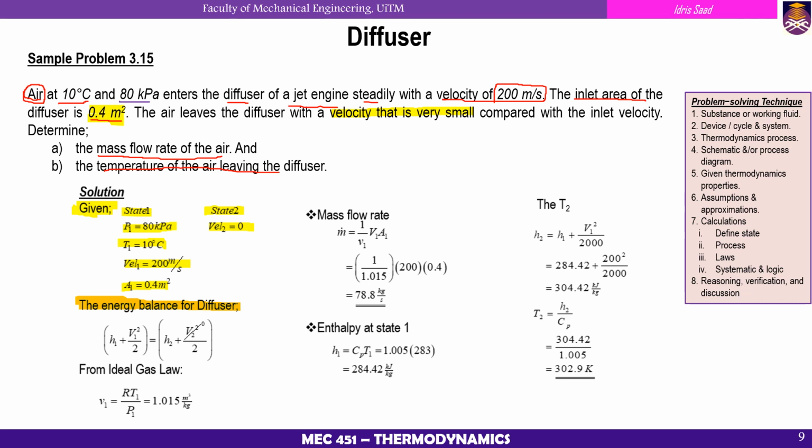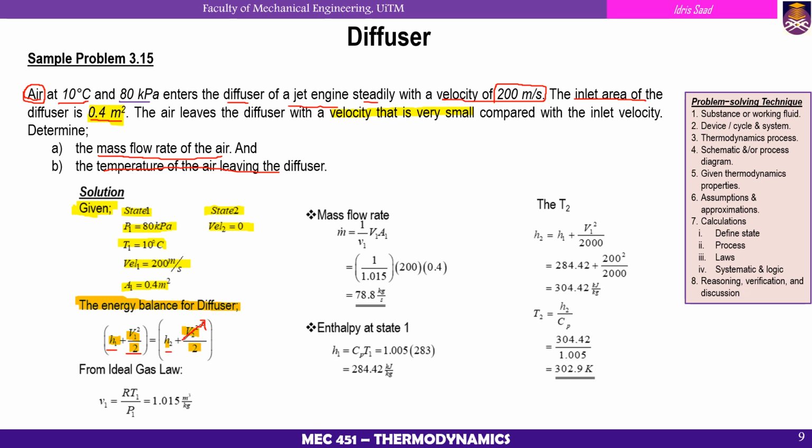Therefore, the energy balance for the diffuser is H1 plus V1 squared divided by 2 is equal to H2 plus V2 squared divided by 2. However, the given data says the velocity V2 is equal to 0. So finally, the energy balance for the diffuser is H1 plus V1 squared divided by 2 is equal to H2.